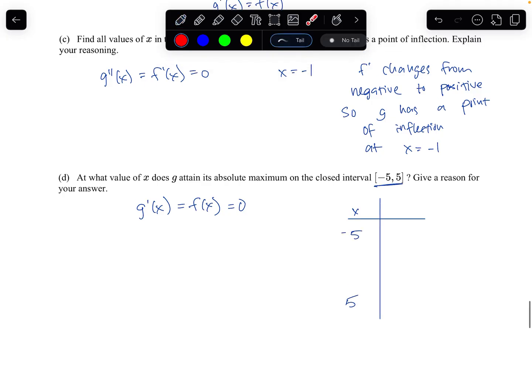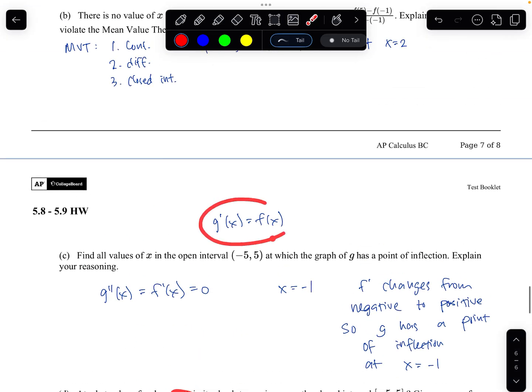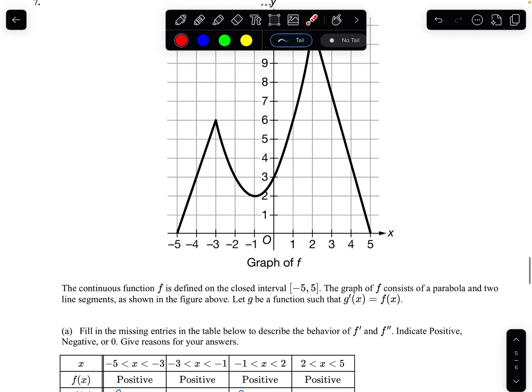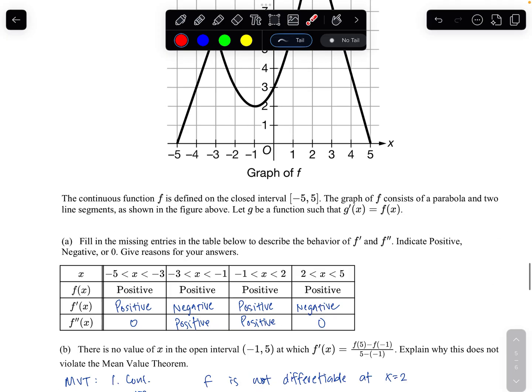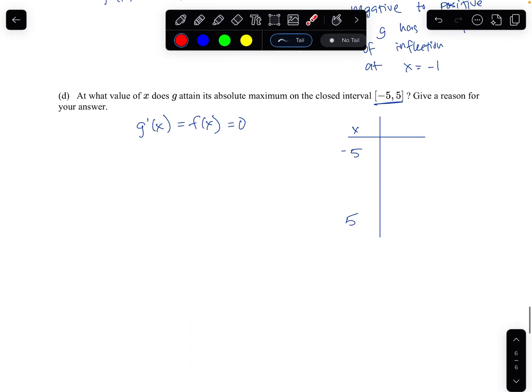And then if we want to know the absolute maximum, we need the critical points. That's going to be when G prime is equal to 0. That's when f is equal to 0. And f is equal to 0 only at -5 and at 5. So it's just going to be at its endpoints.